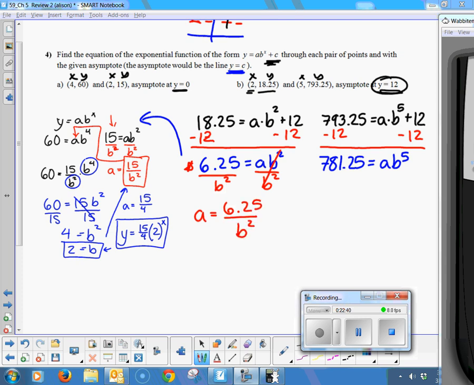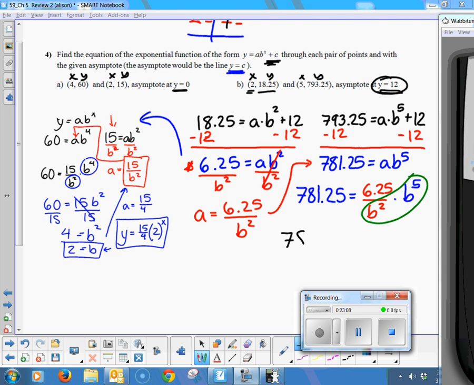I'm going to take this a and dump it into this equation, which becomes 781.25 equals, school's out, 6.25 over b squared times b to the fifth. Alrighty, and now we have a bunch of b's that cancel. And so I have 781.25 equals 6.25 times b to the third.